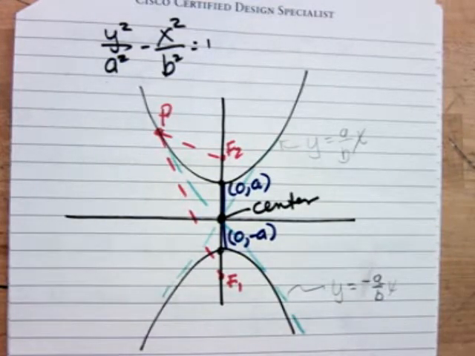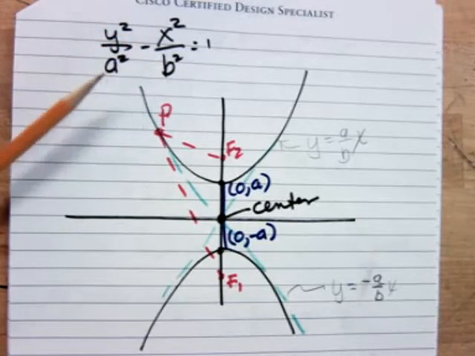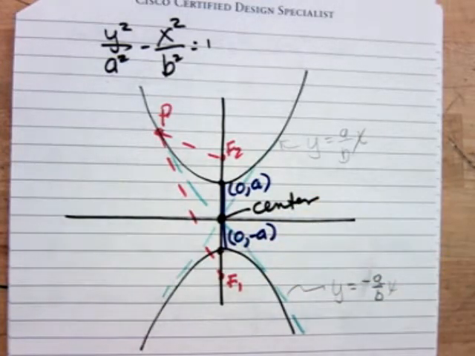The thing to notice that's important is this one is y squared over a squared minus x squared over b squared. Again, a being along the transverse axis, and the transverse axis being between the vertices.